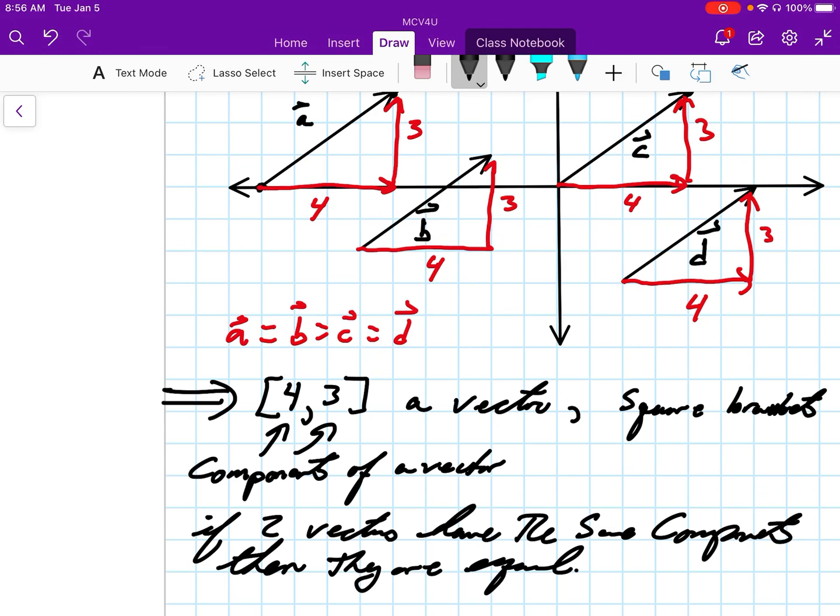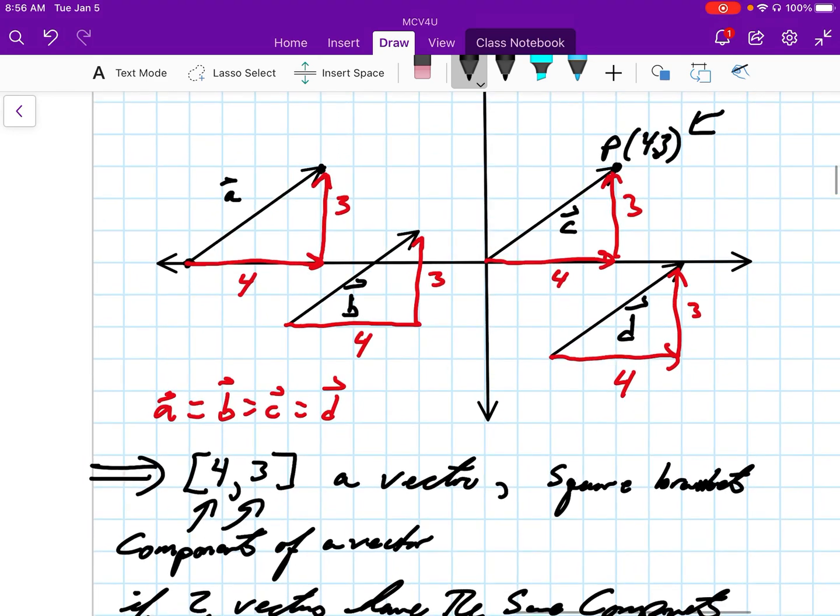So in essence, what we can say is that vector A, vector B, vector D can all be translated to vector C. They can all be represented with vector C. Vector C is special because it has its tail at the origin. If a vector has its tail at the origin, we have a position vector.